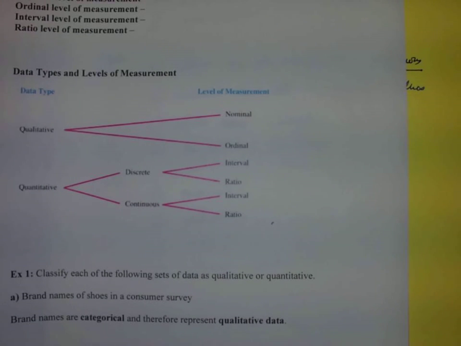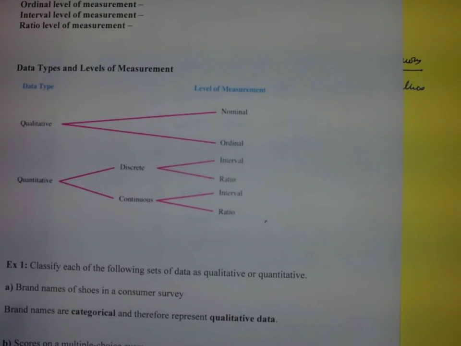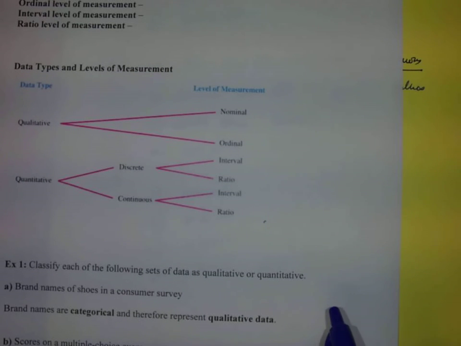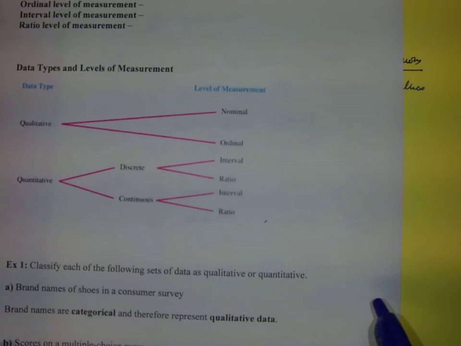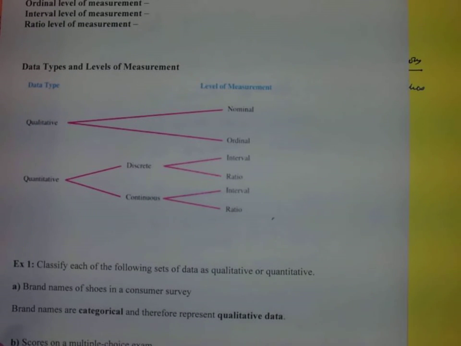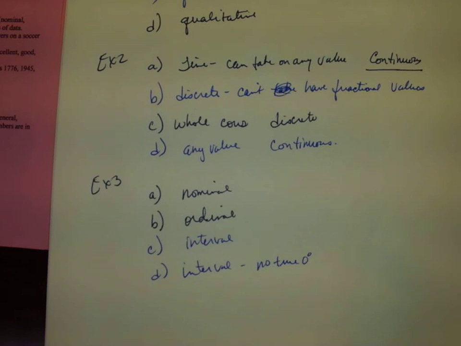Also, the 0 in this case is a true 0. 0 minutes or seconds or whatever measurement you're looking at means there is no time, right? No time is happening on the race. So it has a true 0, and the ratios are meaningful, and so this is a ratio level.